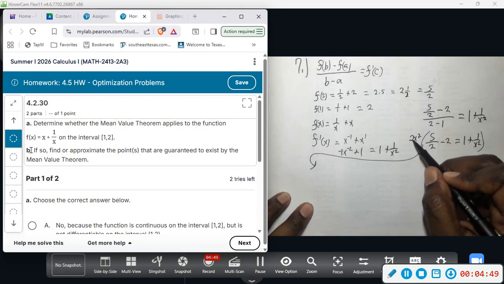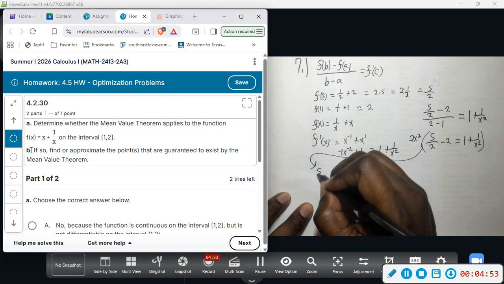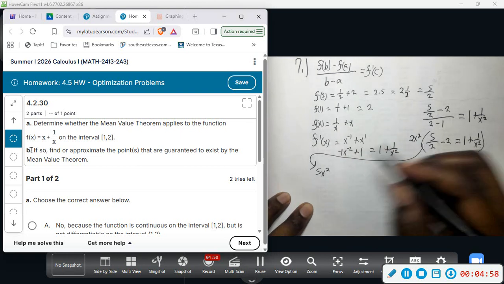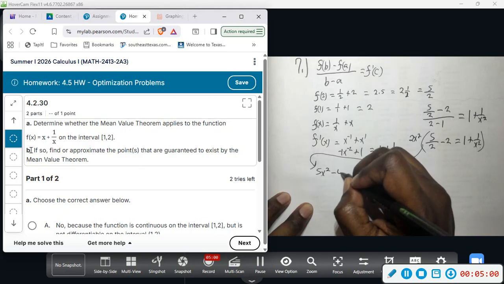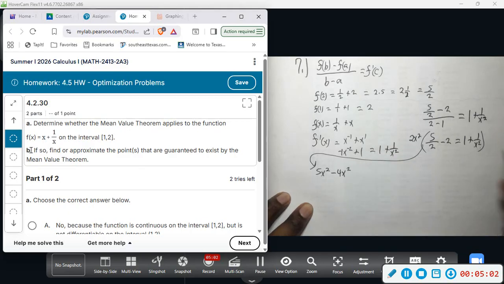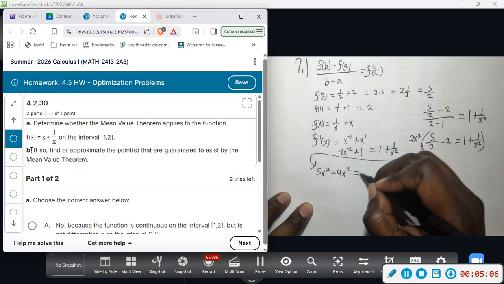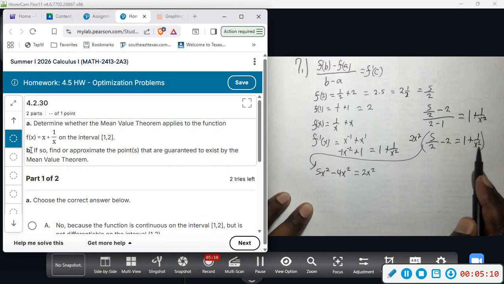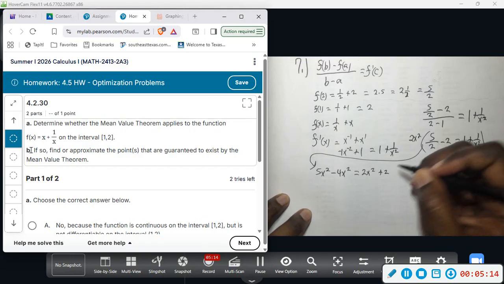When I multiply by 2x squared, the 2's cancel, and I'll just be left with 5x squared. 2x squared times a negative 2 is minus 4x squared. 2x squared times 1 is 2x squared. And then 2x squared times this term, the x squared will cancel, 2 times 1 will be 2.